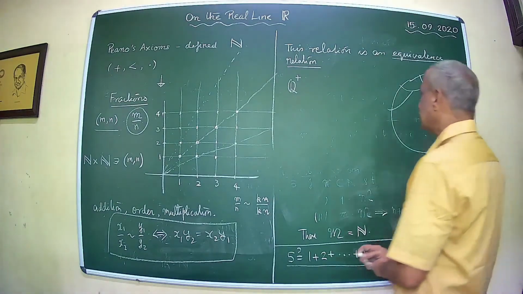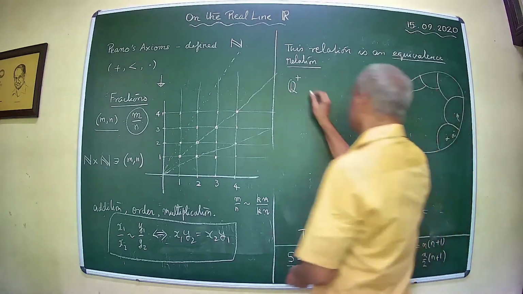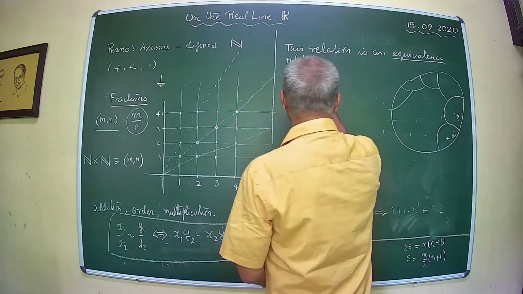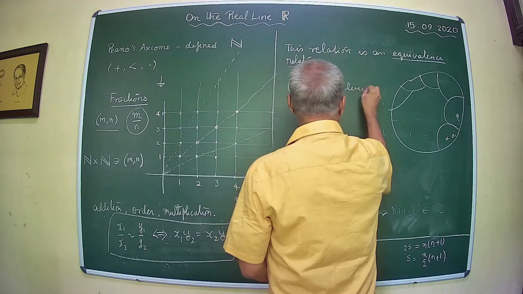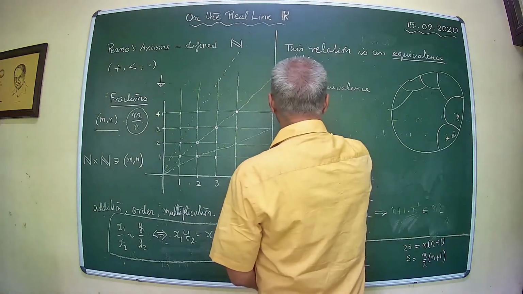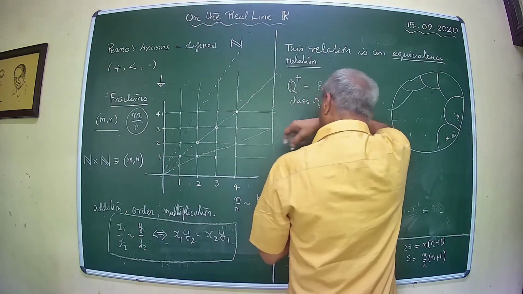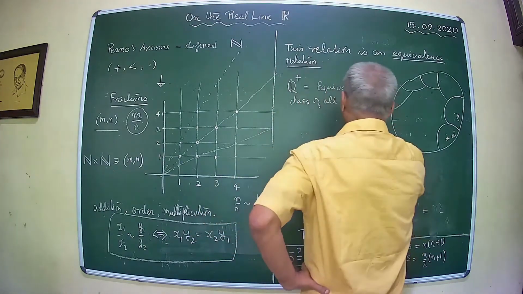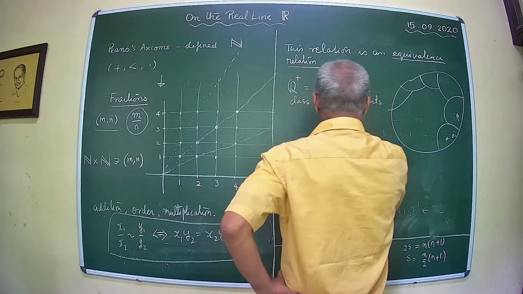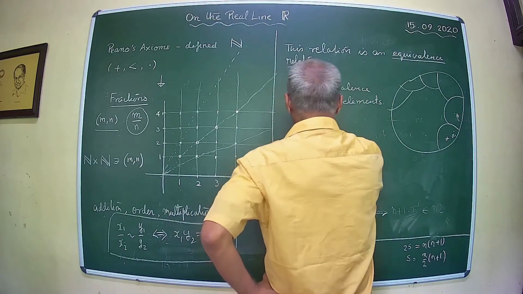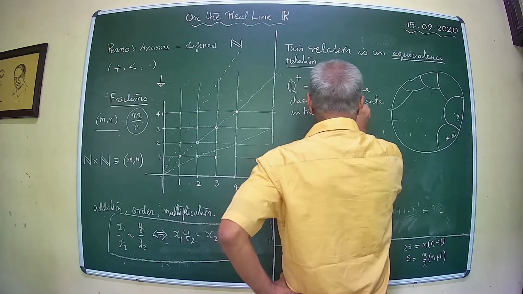The Q plus is the equivalence class of all elements in the partition induced by this relation.